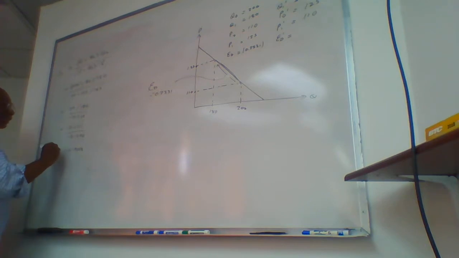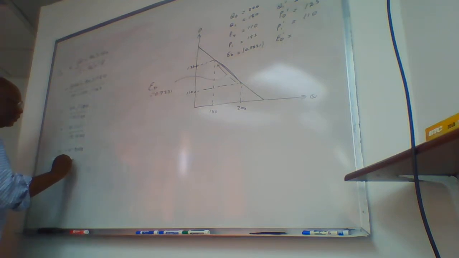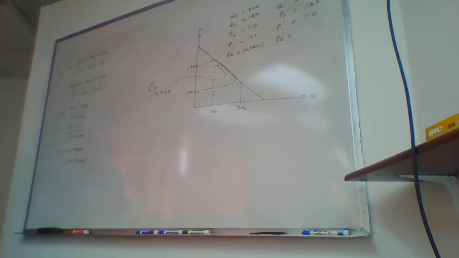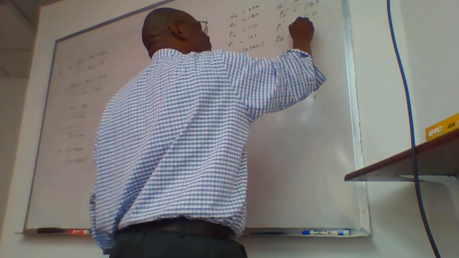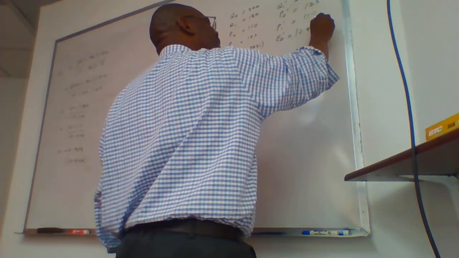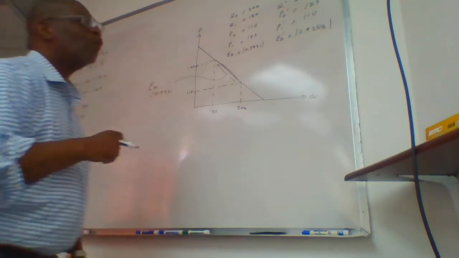Do I have any dissenting voices? Absolute 0.92. What did we do wrong?